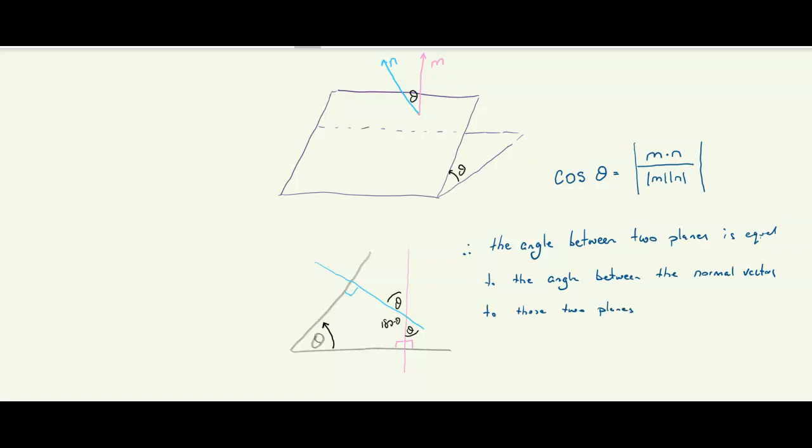So from the information we have about the planes, we extract the normal vectors, and then we act on those two vectors with our trusty arccos formula to find the angle between those two normal vectors, which in turn tells us what the angle between the planes is.